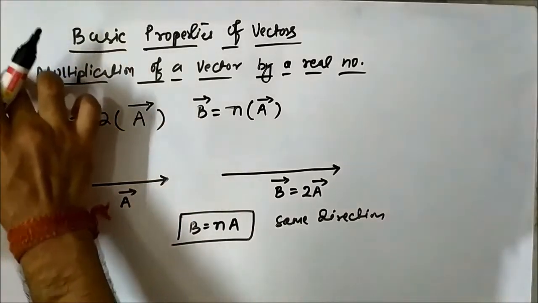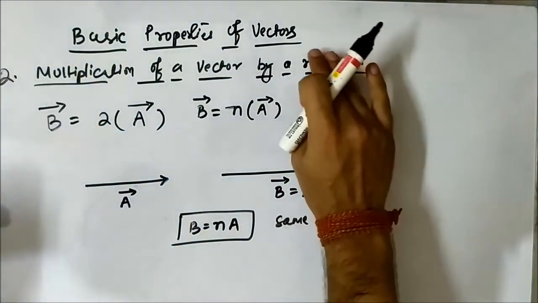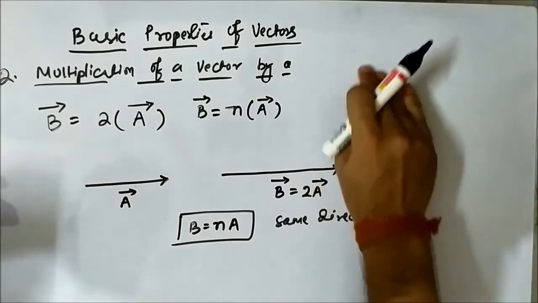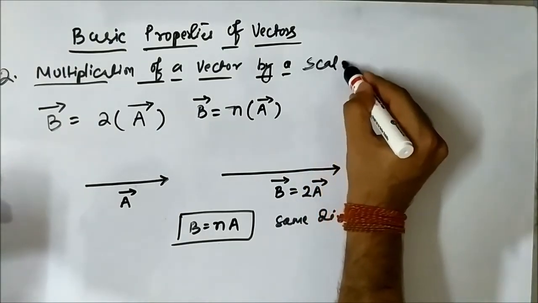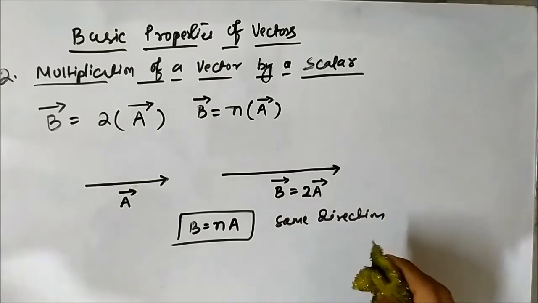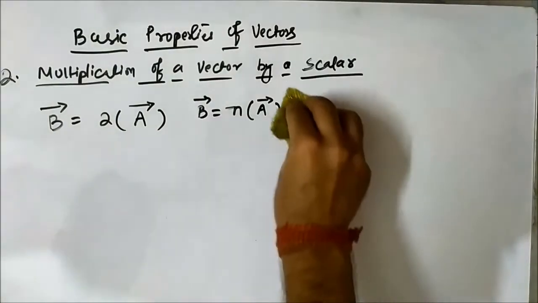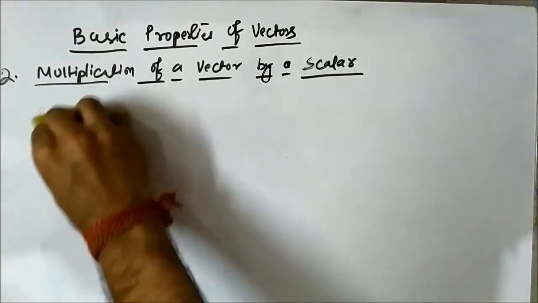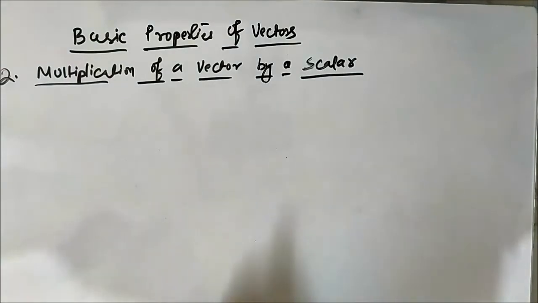The second case is when a vector is multiplied by a scalar quantity, a quantity which has only magnitude. I have discussed the basic concept about scalars and vectors. A scalar is a quantity which has only magnitude. It is defined only by the magnitude, no information about the direction.